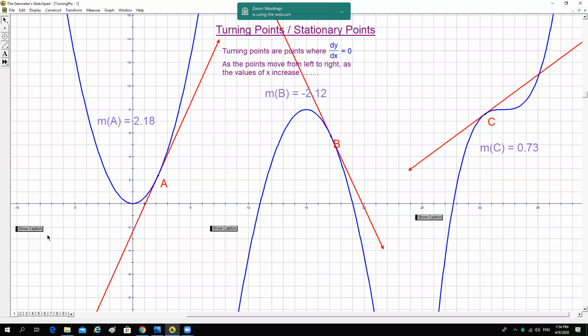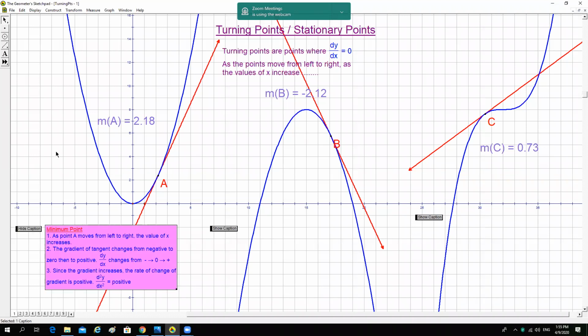Now let me summarize what we have seen from graph A. Can you see what I've written there? Minimum point. The first graph A shows the minimum point. The characteristic is as A moves from left to right, the value of x increases.